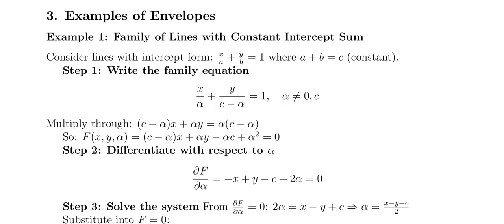For example, a family of lines with constant intercept sum: consider the lines in intercept form x by a plus y by b equal to 1, where a plus b equal to c.